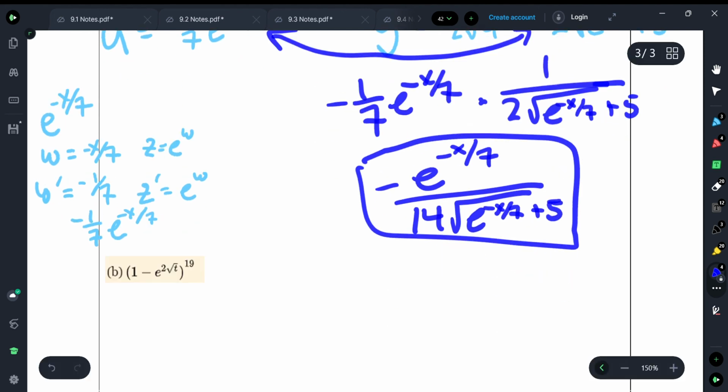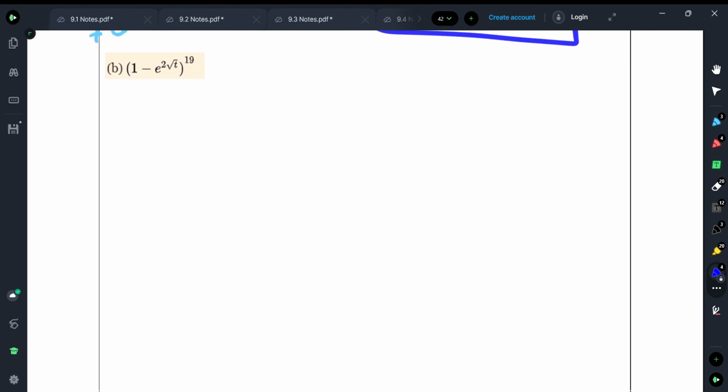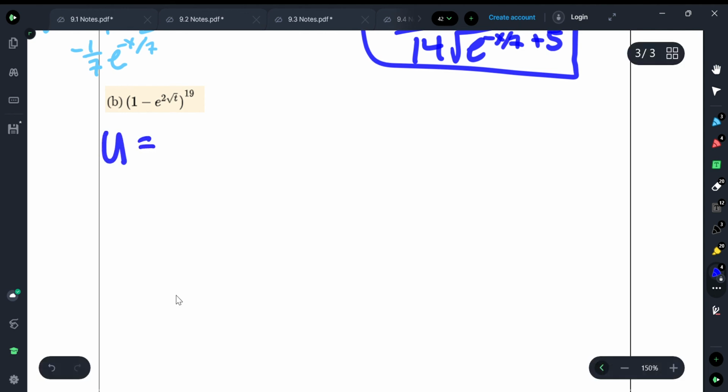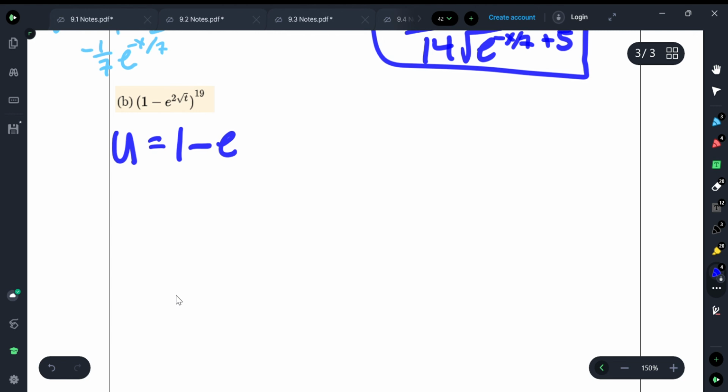Let's do this. Maybe we'll do this last one here. All right. Cool. So pretty straightforward. We got u is going to be this inside function. y is going to be u to the 19th power. All right. Cool.